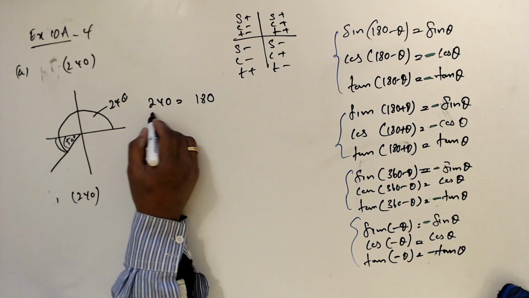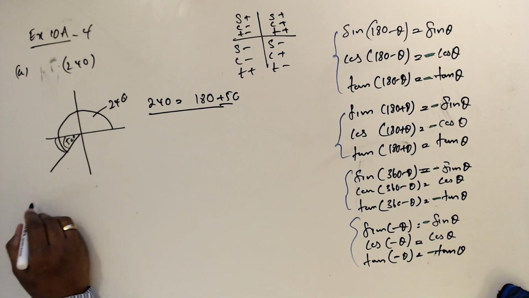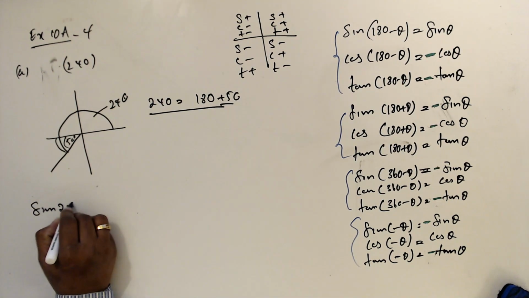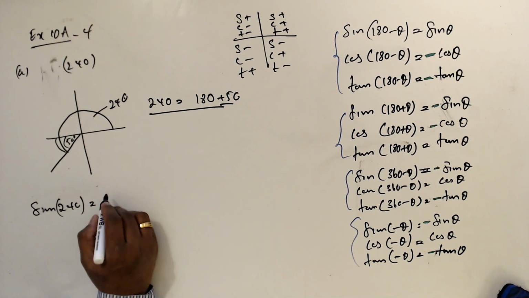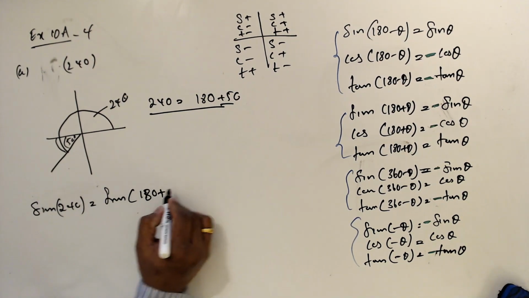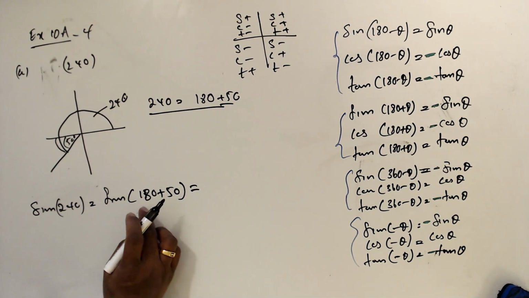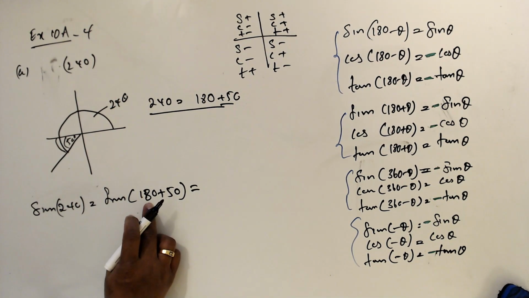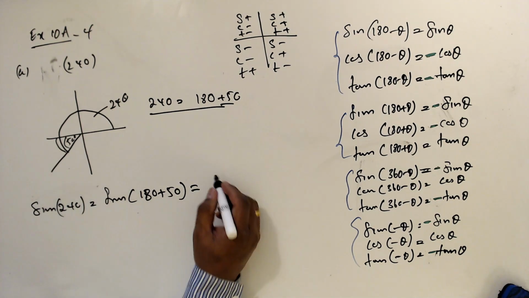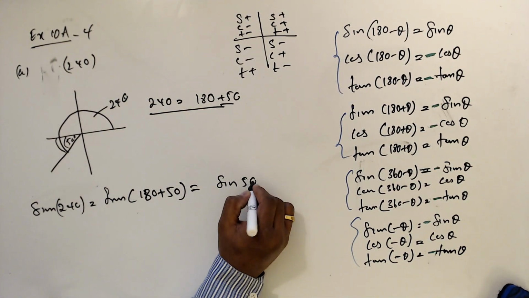Then instead of sine 240, I am going to write sine 180 plus 50. Now, simply, if I write with 180 plus 50, I can drop 180 and write this ratio as it is. I drop 180 and I write 50.